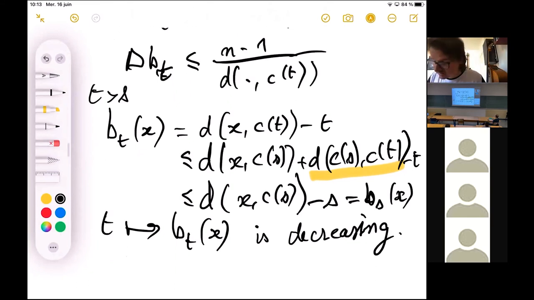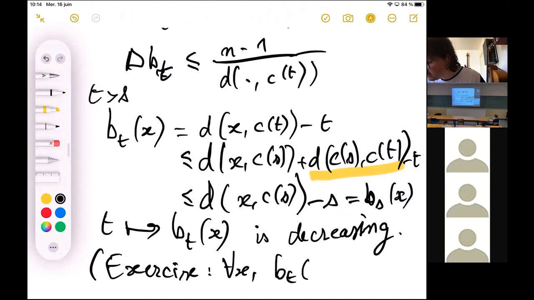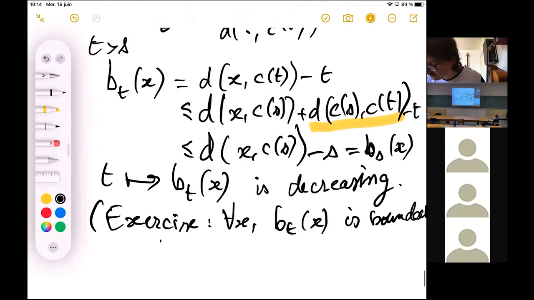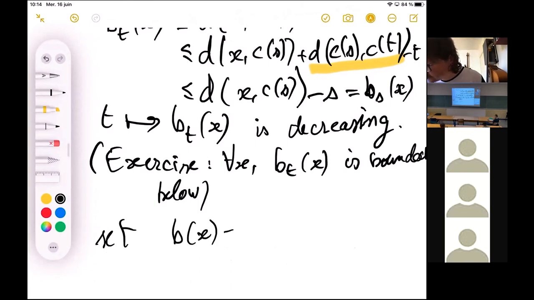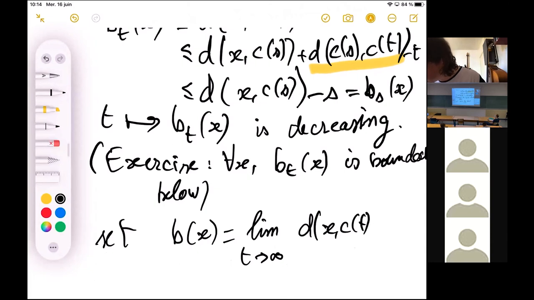Moreover, it's easy to see, so exercise maybe. For every x, b_t of x is bounded below. Hence, it has a limit as t goes to infinity. So set b of x equal to the limit as t goes to infinity of those b_t.